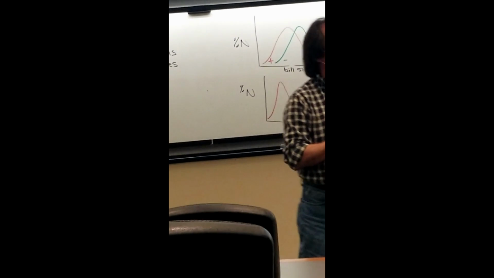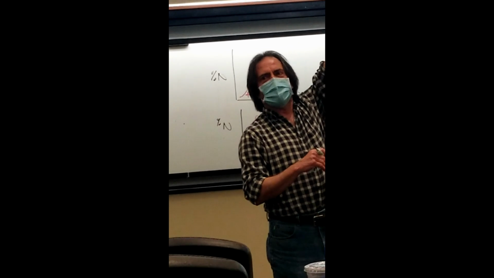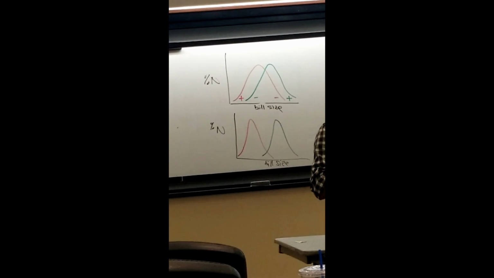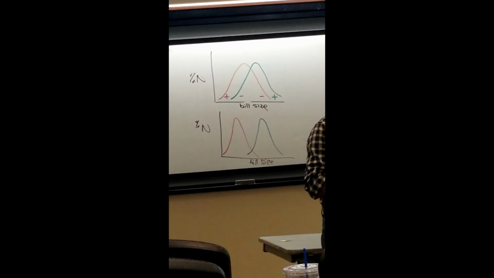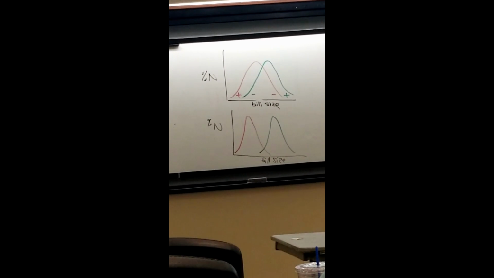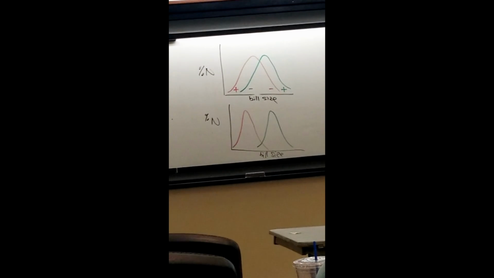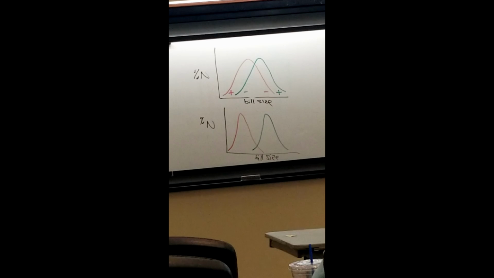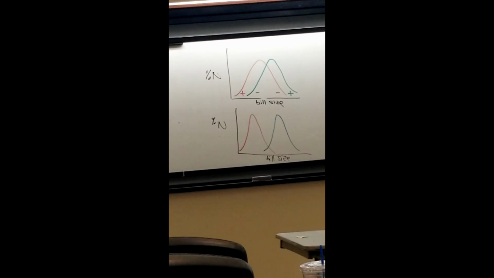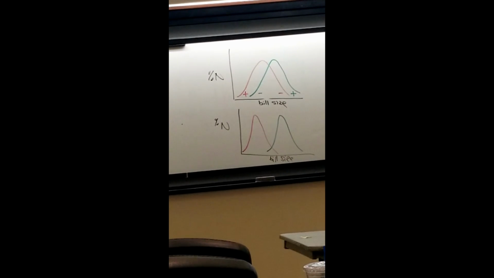How many think it's stabilizing? And I'm wrong. So it's between disruptive and directional. Who wants to argue for disruptive? Okay, go ahead. I just remember, like, maybe there's stabilization. Who wants to argue then for directional?